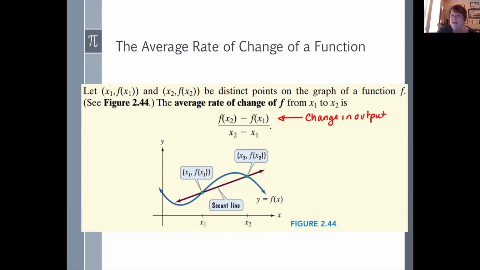We're going to call this now, instead of y, we're going to use function notation, over the change in our input. Change of output over change in input would give us the average rate of change between 2 points on a curve that is a function.